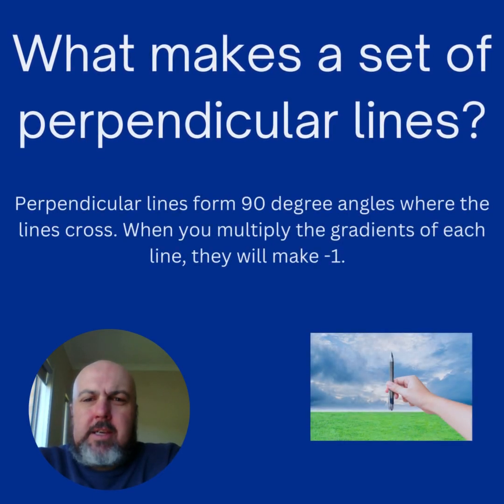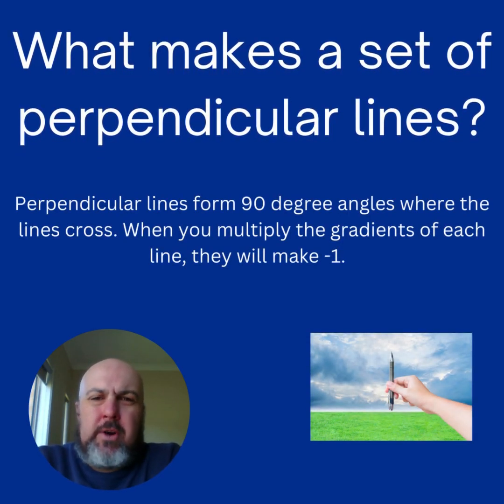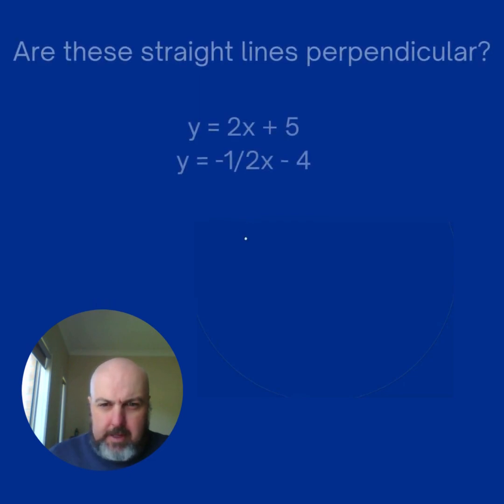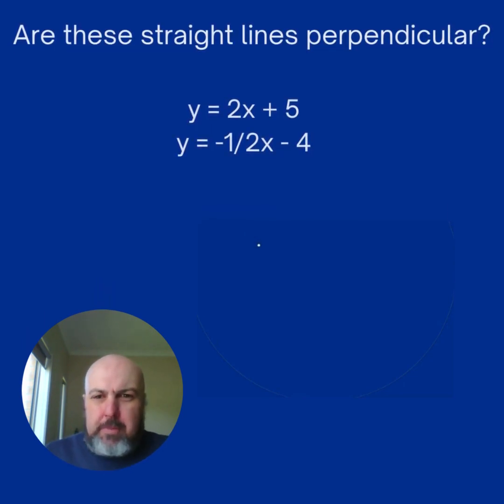Okay, perpendicular lines form 90-degree angles, so think of the letter T. There'll be right angles in that. So when you multiply the gradients of each of these lines, they will make -1 if they are, in fact, perpendicular. Are these straight lines perpendicular?